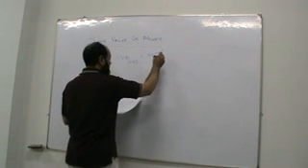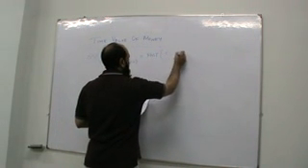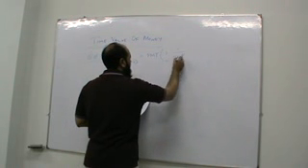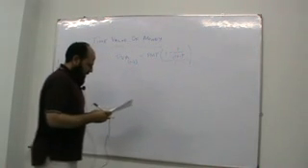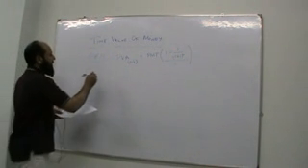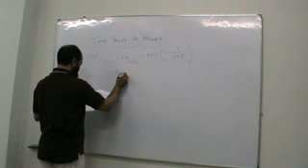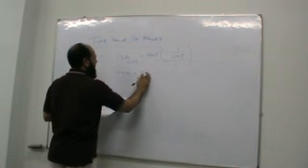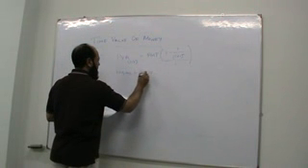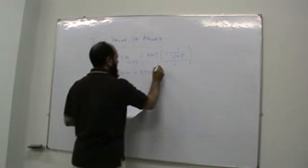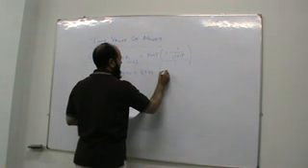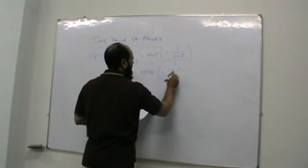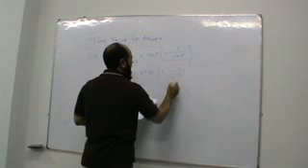Now in this case, the formula is there. So the present value of the annuity, the loan, is 100,000. PMT is given, 8,978. What will be N?